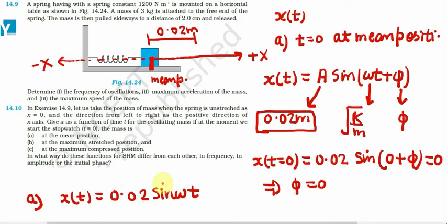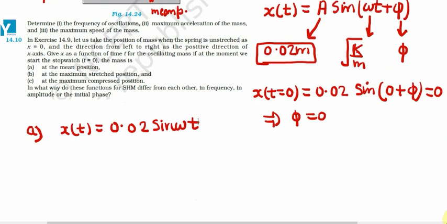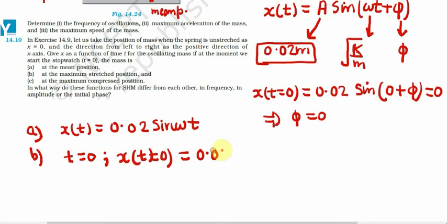And in part B it is given that we have to calculate the expression of displacement when the block is at the maximum stressed position at t equal to 0. That means the displacement at t equal to 0 is maximum, that is the amplitude.